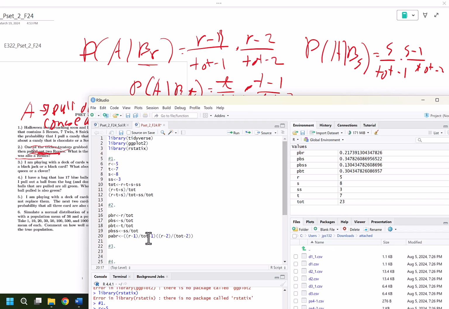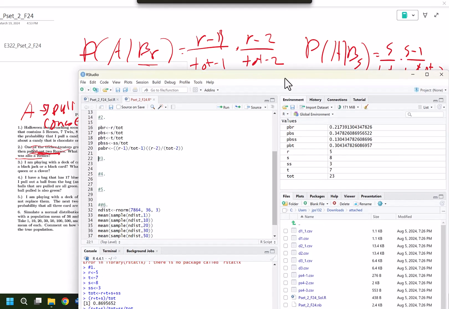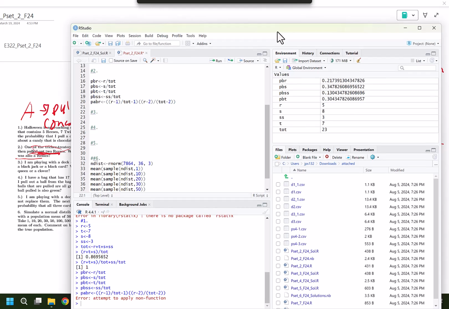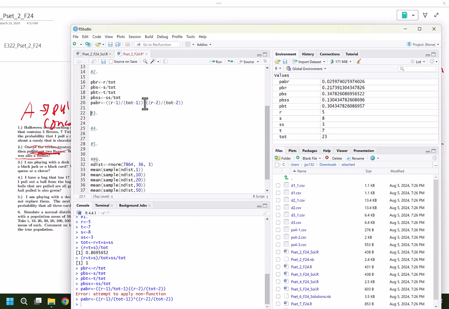Let's see if we get a value from this. I think we need to put this in parentheses here, and I'm going to do a multiply. There we go. PABR.